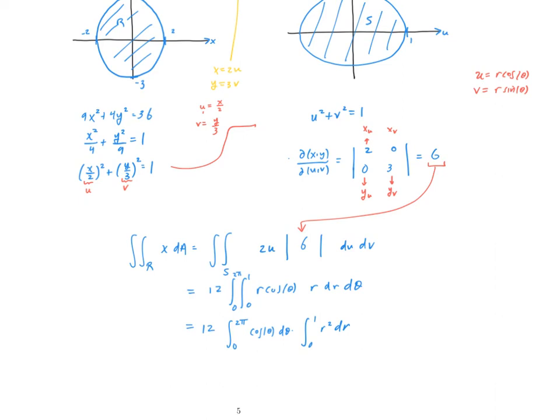And note, we really don't even need to do any evaluations, because we know if we integrate cosine theta from 0 to 2 pi, that integral itself is going to be 0. And 0 times anything gives us back 0.